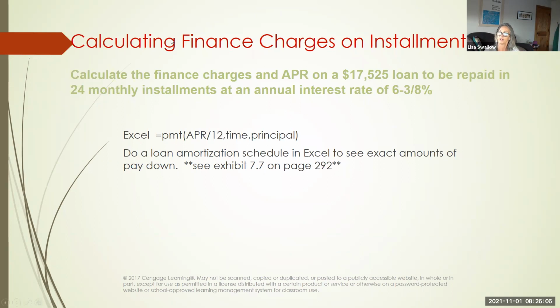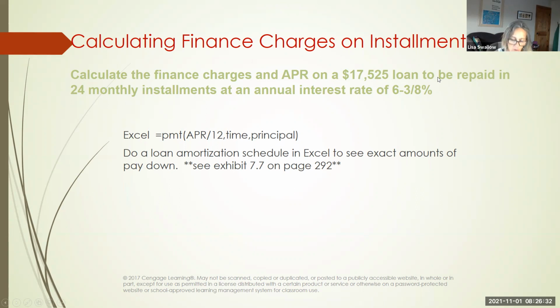Okay, so here, let me just jot this down. We're going to open Excel and we're going to figure out a couple things. I've got a car loan for $17,525. It's a 2-year loan and they're charging me 6 3/8.